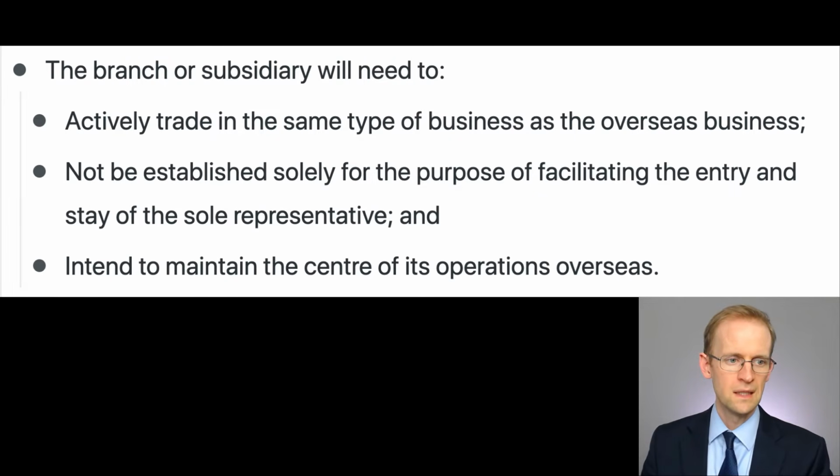Next, the branch or subsidiary must not be established for the sole purpose of facilitating entry and stay of the sole representative. So that was my point. It can't be merely to facilitate immigration objectives. And then the intention will need to be to maintain the centre of the operations overseas.